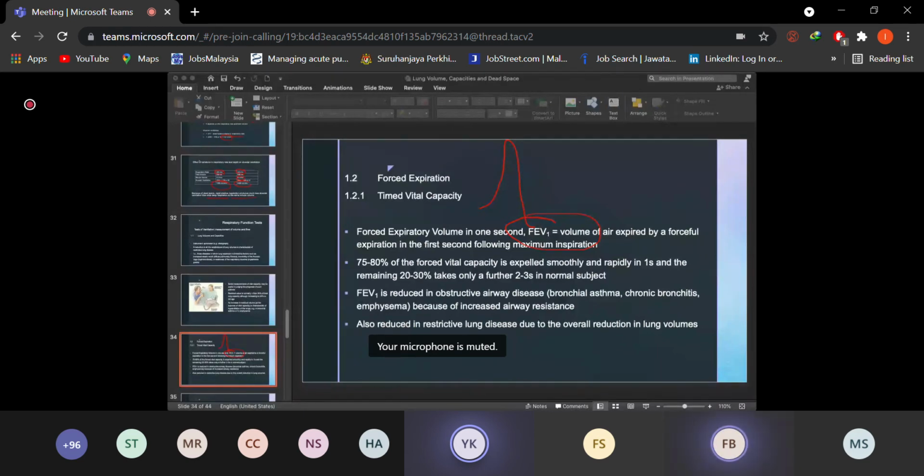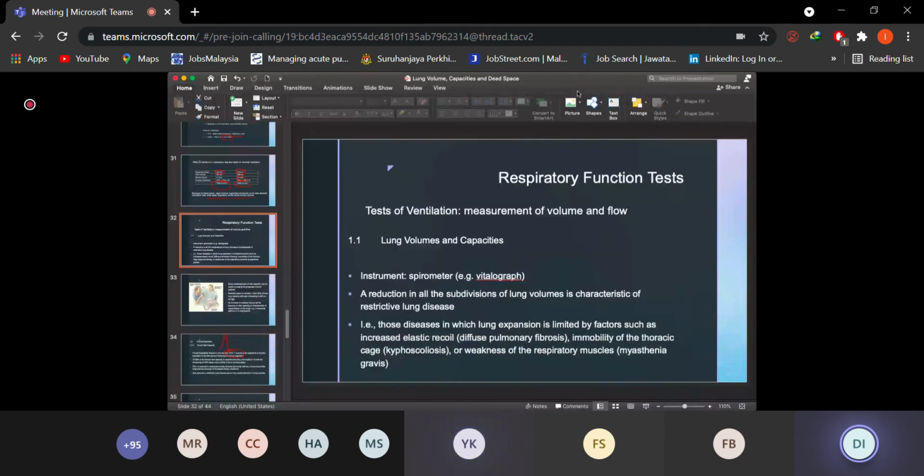Okay, where did we stop? Is it this slide, forced expiration, or the previous slide?